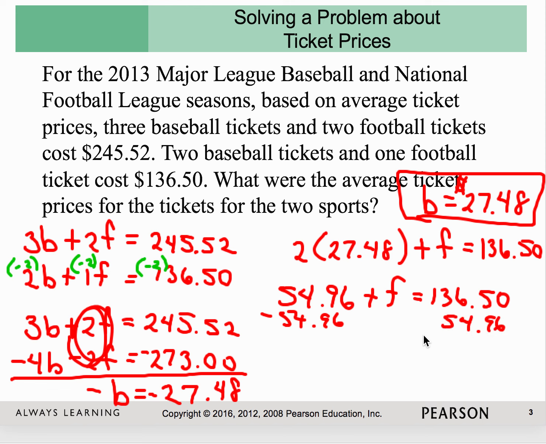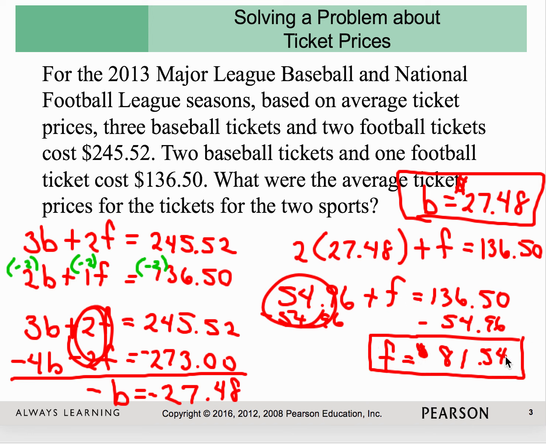Just go over to the side and do the math. Okay. Oh, the football's way higher. So one football ticket was $81.54, and a baseball on average $27.48.